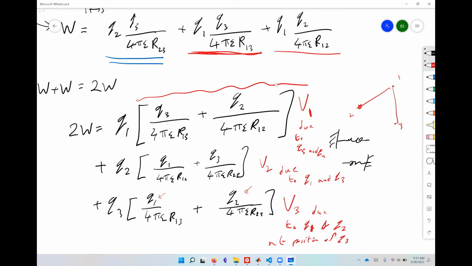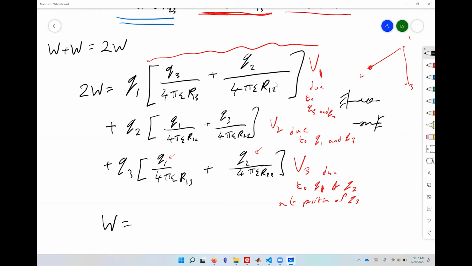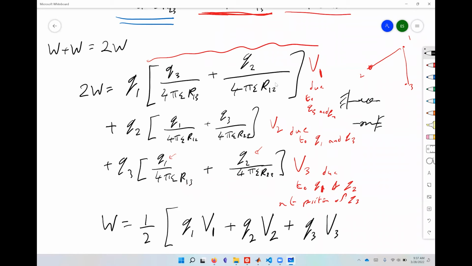So what this equation tells me is that W, and I can take the half to the other side, is just Q1 times the voltage at the location of Q1 due to the other charges, plus Q2 times the voltage at Q2 due to the other charges, plus Q3 times the voltage at Q3 due to the other charges.